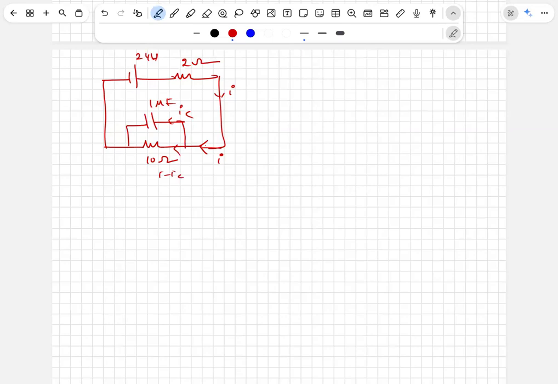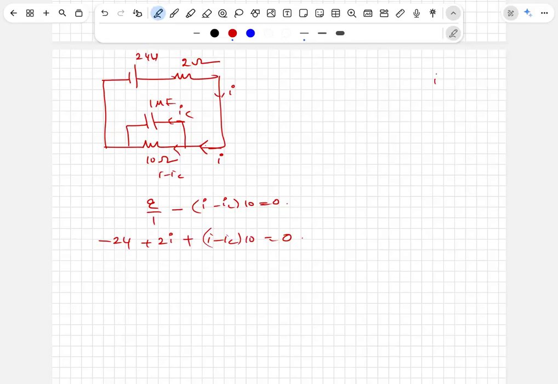So in the loop, Q by 1 microfarad minus (I minus IC) into 10 is equal to 0. And you take a bigger path, this one: minus 24 plus 2I plus (I minus IC) times 10 is equal to 0.